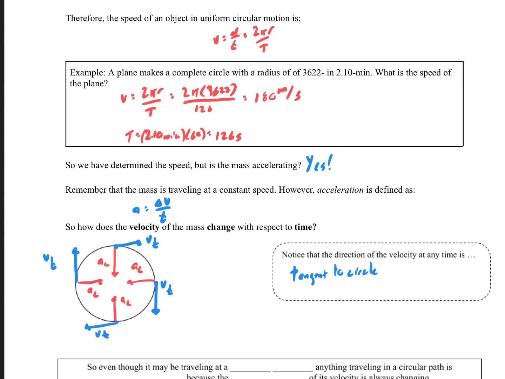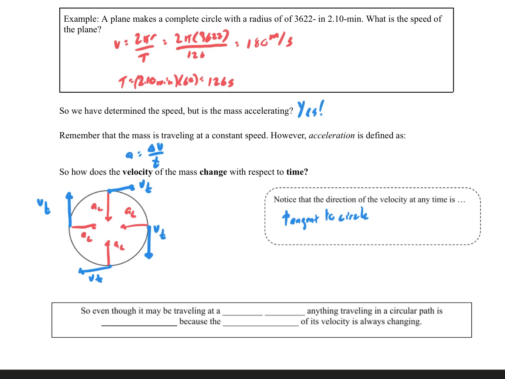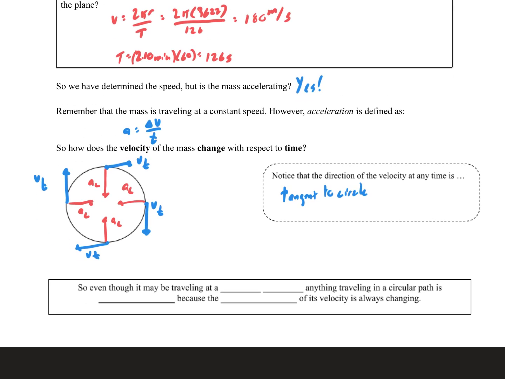A couple of quick notes to add here at the bottom. Even though the object is traveling at a constant speed, anything traveling in a circular path is always accelerating because the direction is constantly changing.